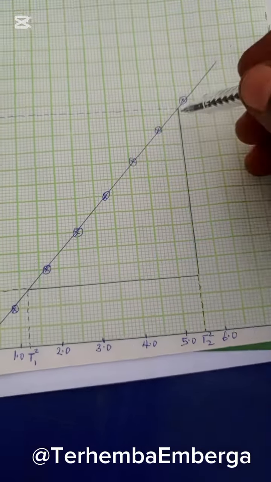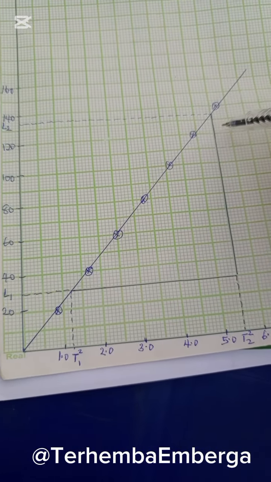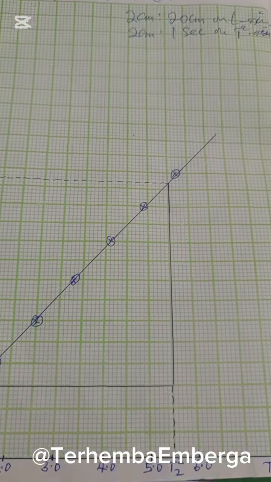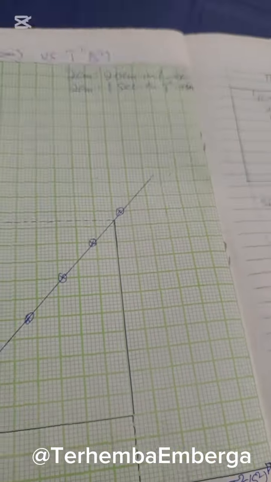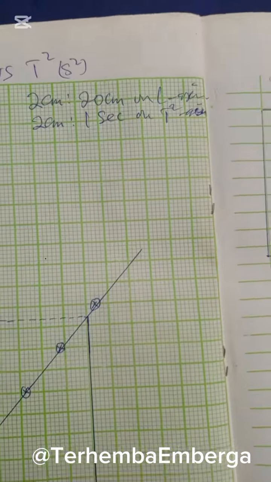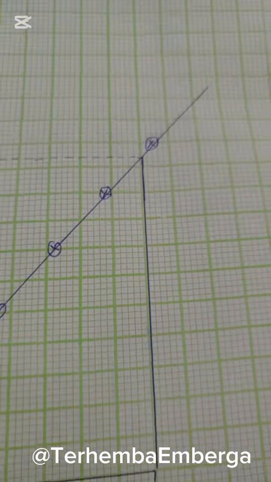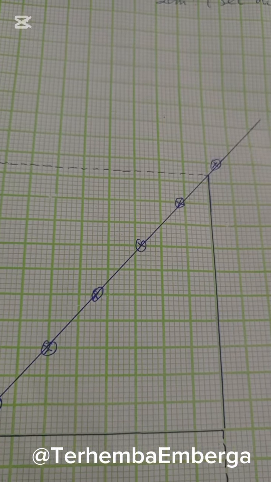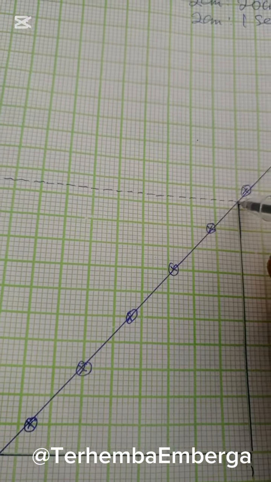So like I said, you need to draw a right angle triangle, and that right angle triangle will not be too small. So here we have drawn it.